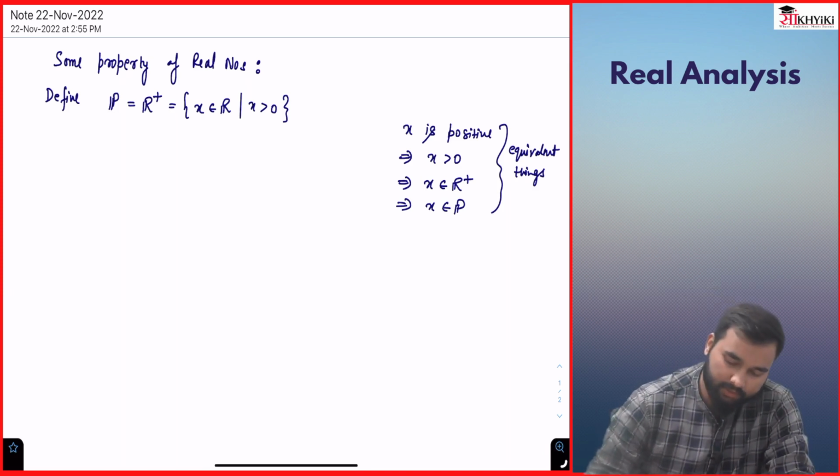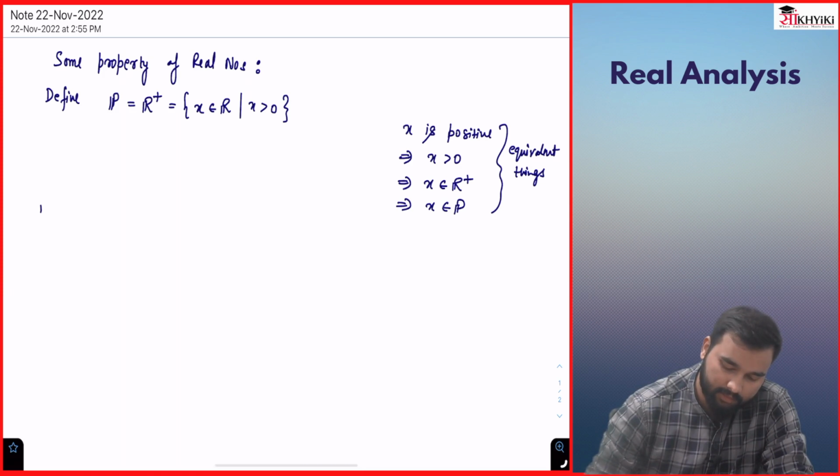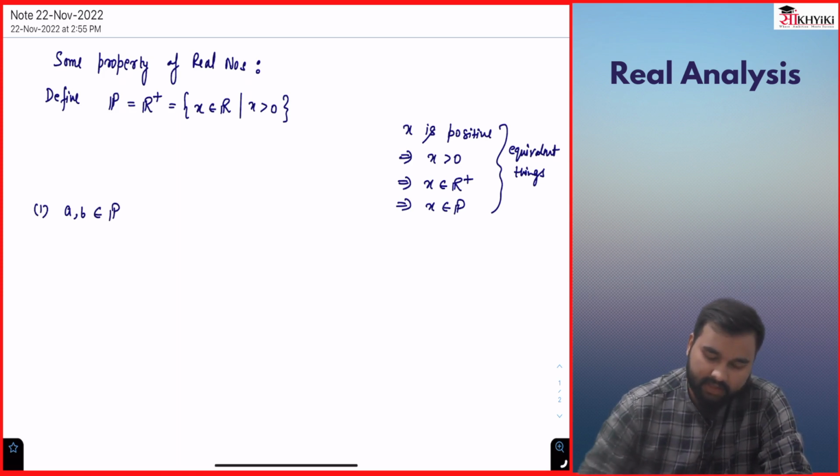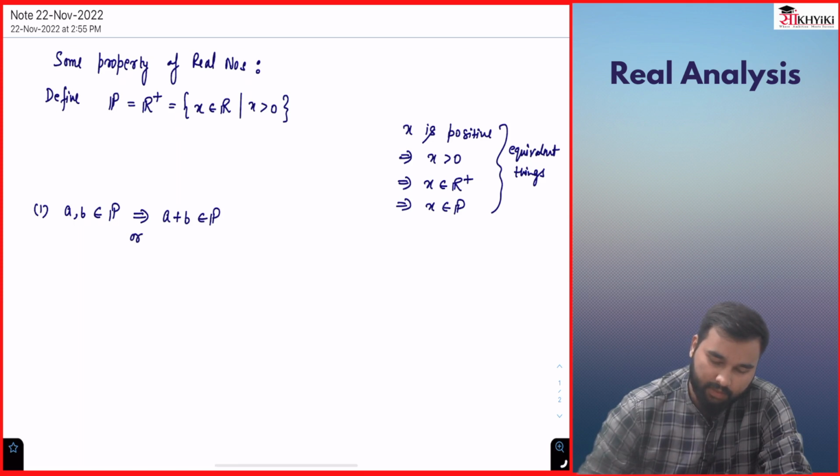Okay, so talking about the first property: if A and B belong to this set P, which is the set of positive real numbers, this implies what? A plus B also belongs to the same set P. Or how can we write this?